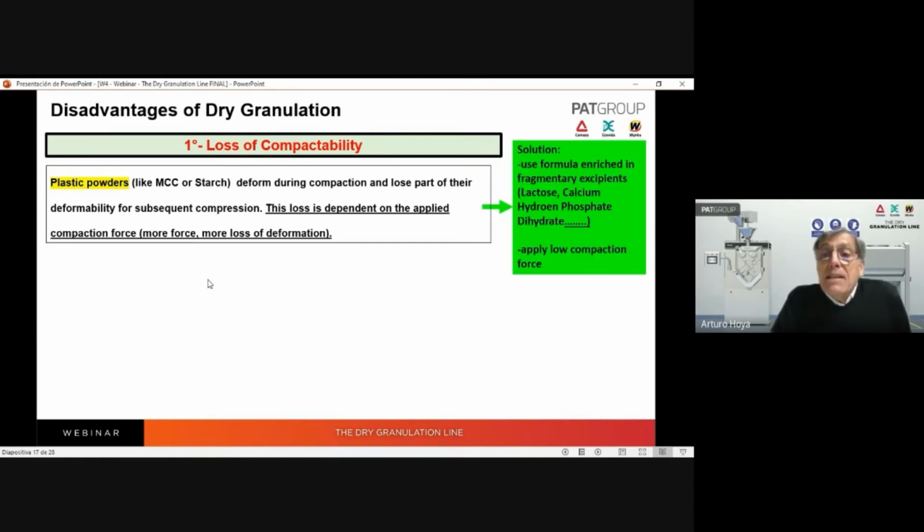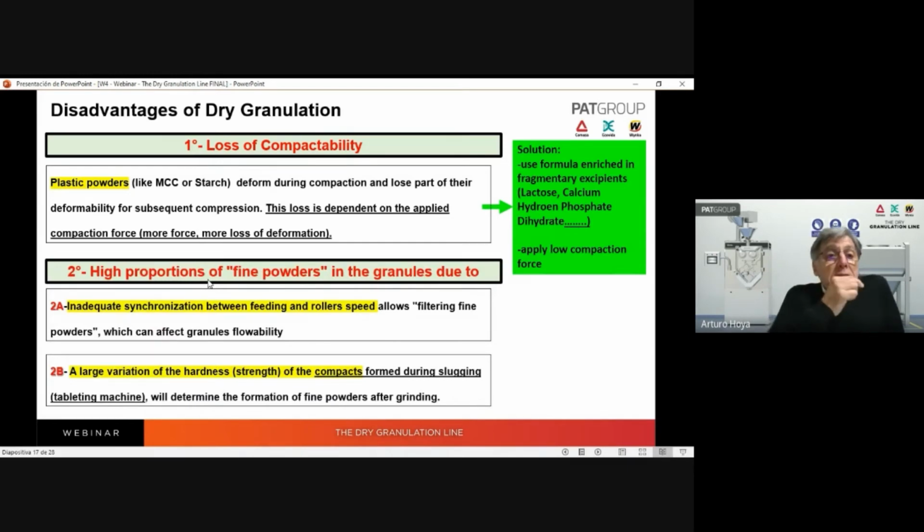Well, one is to use a formula enriched in fragmentary excipients like lactose or phosphate, and the other solution is to reduce the compaction force. We will see in the next slide an example for this solution. So modify the formula and operate with low force.